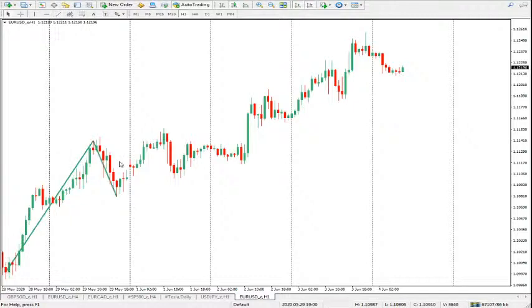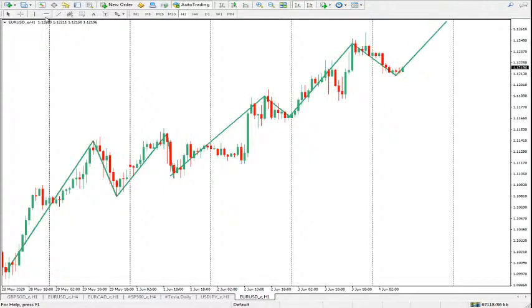Then we had a correction, a major move, and then a correction. Then another major move, and then a correction. So what this simply means is we are likely to see price continue to the upside.